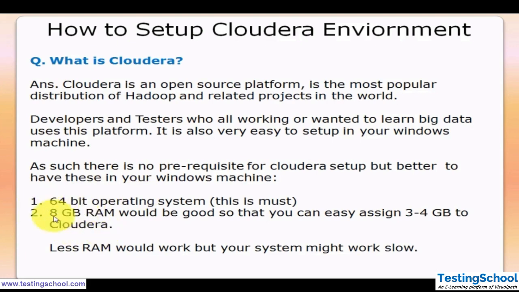Then the second prerequisite is RAM. Cloudera suggests 8 GB of RAM, but if you have less, that will also work. It is advisable to have 8 GB of RAM so that you can assign at least 3 or 4 GB to your Cloudera environment so that it works fast.